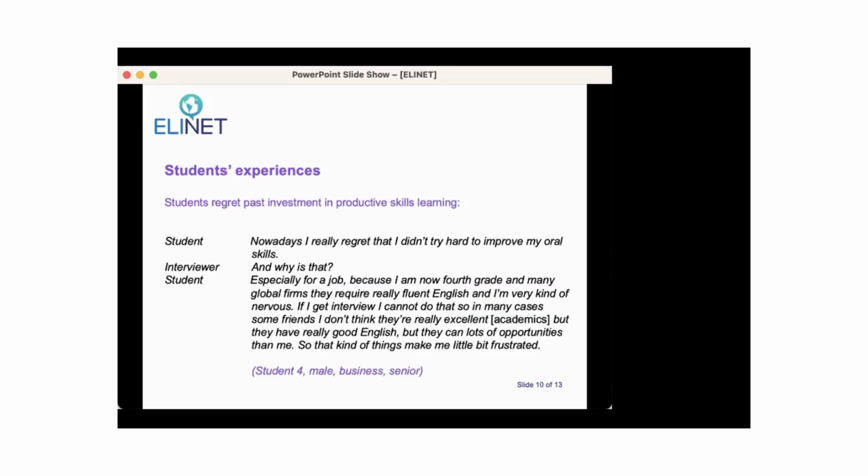And also it emerged from the data that receptive skills dominate EMI content delivery in lectures in South Korea. However, productive skills are in great demand when students apply for positions with multinational companies, as expressed in this extract. So hired students are expected to have excellent abilities in all 4 skills, and the interviews are conducted in English as well.